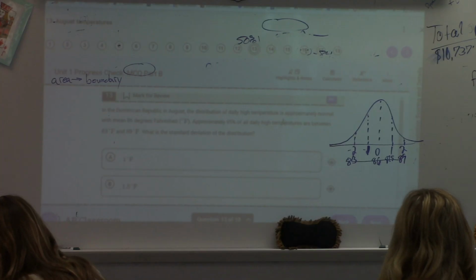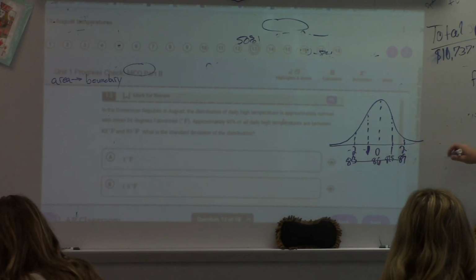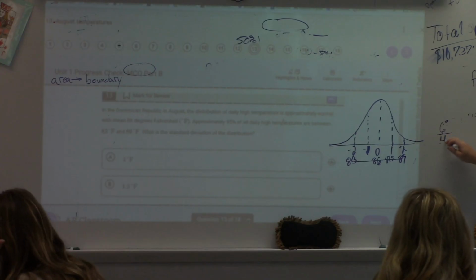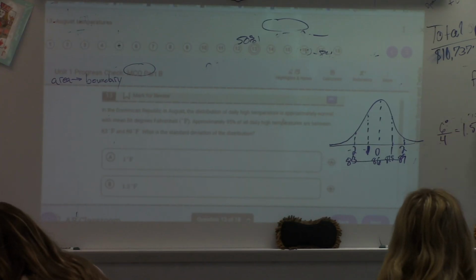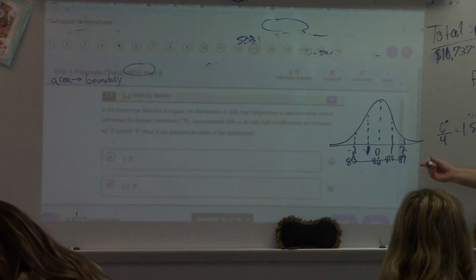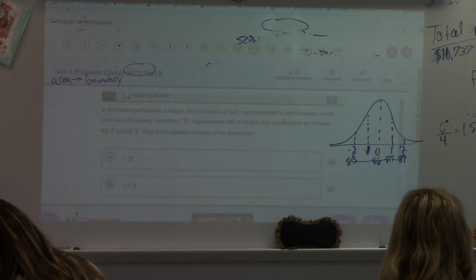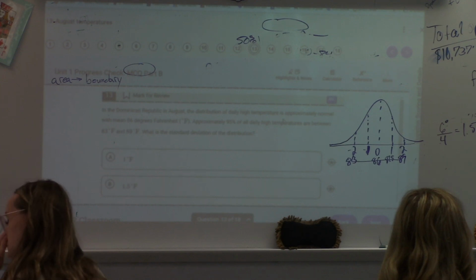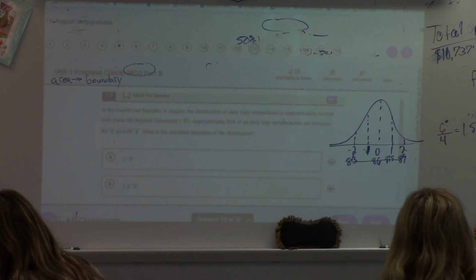What you could have done without drawing it out is said, 4 standard deviations, 6 degrees Fahrenheit over 4 standard deviations is 1.5 degrees per standard deviation, right? But notice how drawing it out helps me visualize it. I cannot emphasize enough that if you've got a normal distribution, draw it out.